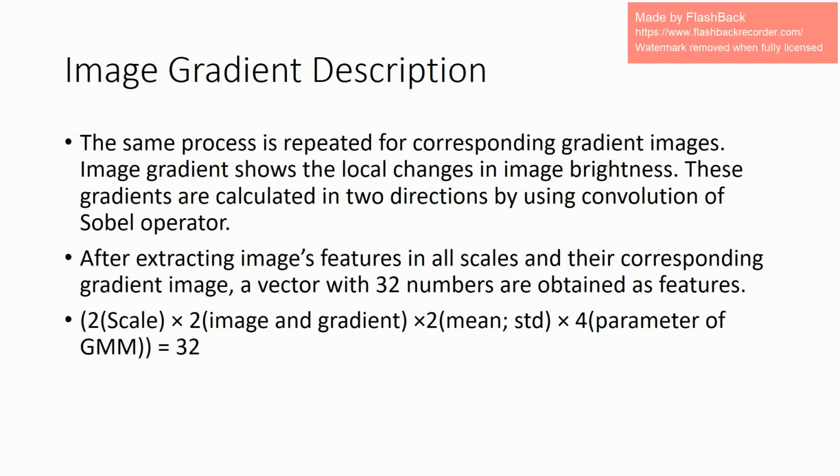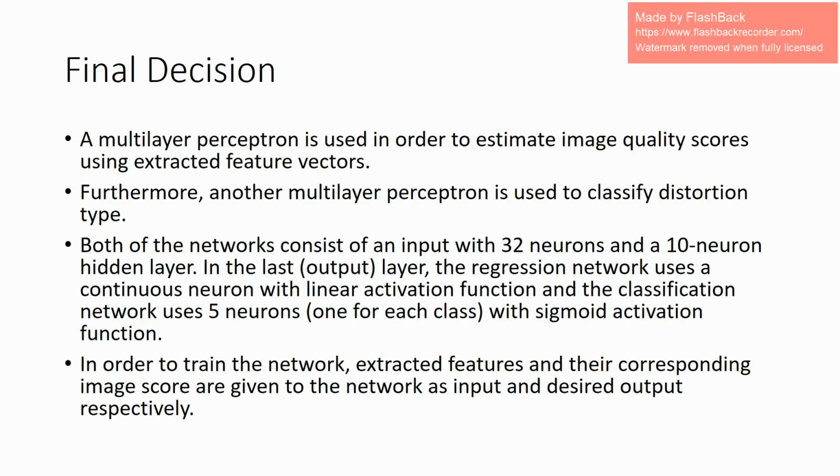Image gradient shows the local changes in image brightness. These gradients are calculated in two directions by using convolutions of the Sobel operator. After extracting image features in all scales and their corresponding gradient images, a vector of 32 numbers is obtained as features.